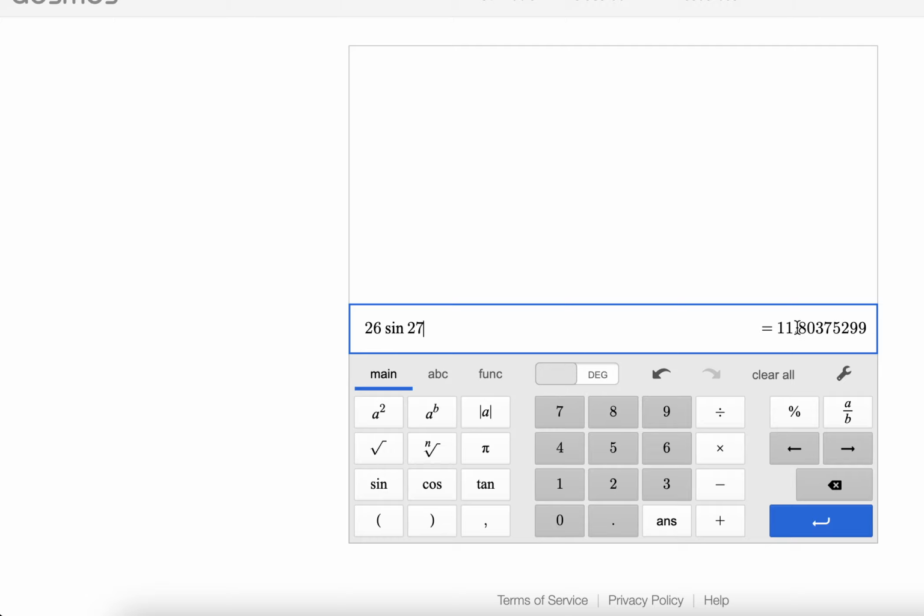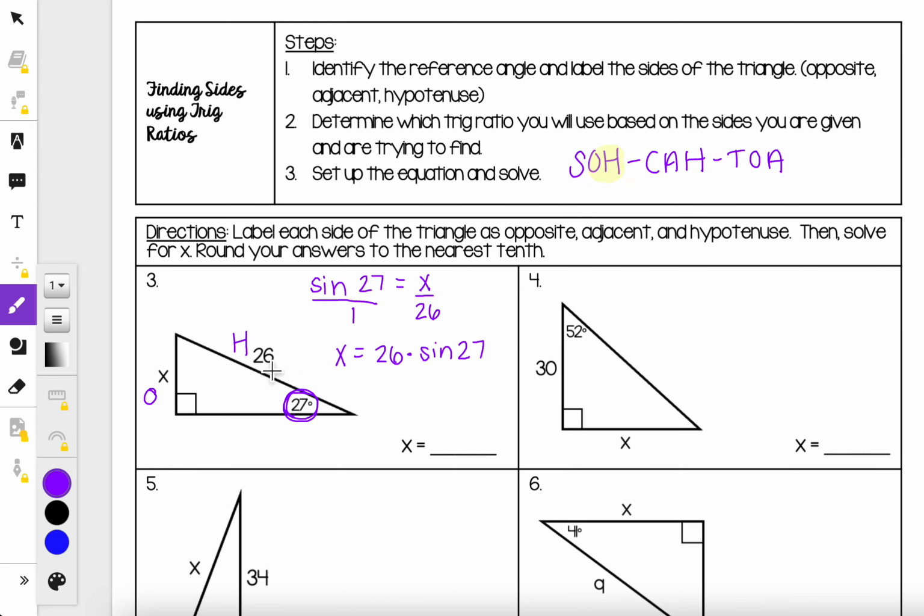You see that you get a different answer depending on the mode that you use. So we want to make sure we are in degree mode because we're measuring our angles in degrees, not in radians, okay? So you plug that into your calculator, and we're going to round to the nearest tenth here. So we have 11.8 as our answer. Okay, so x equals 11.8.